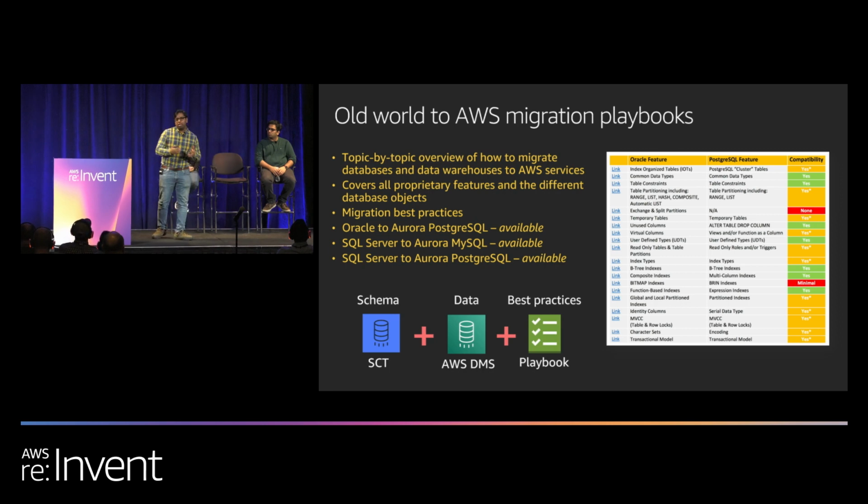What these playbooks encompass is just giving you a side-by-side comparison of each and every feature that is present and what is the equivalent feature present in that particular open source database. So let's say if you are going from Oracle to Postgres, or if you are planning SQL Server to Postgres, how you can replace Oracle's transparent data encryption with Postgres native encryption?